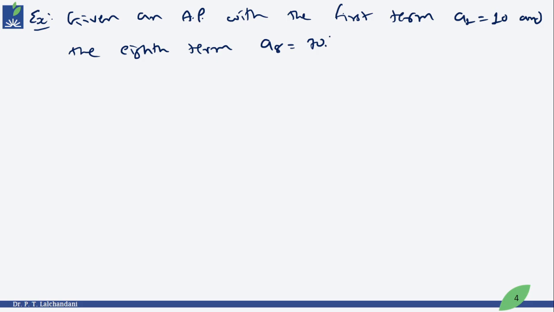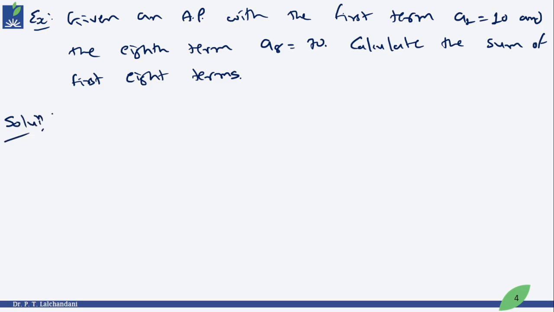So we are given the values of two terms, the first and the eighth term. Now the question is: calculate the sum of first eight terms.